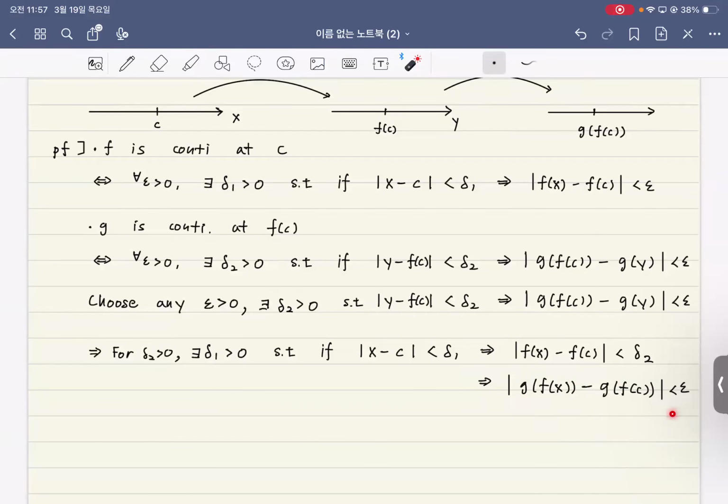And this proves that the composed function g of f(x) is also continuous. Okay, we are done.